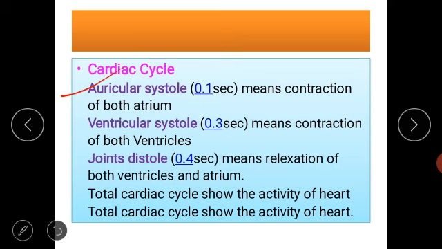So 0.8 second is needed for one cardiac cycle. So in 0.8 second, one cardiac cycle occurs, means contraction and relaxation of all four chambers takes 0.8 seconds. Okay, that is called cardiac cycle. Thank you.